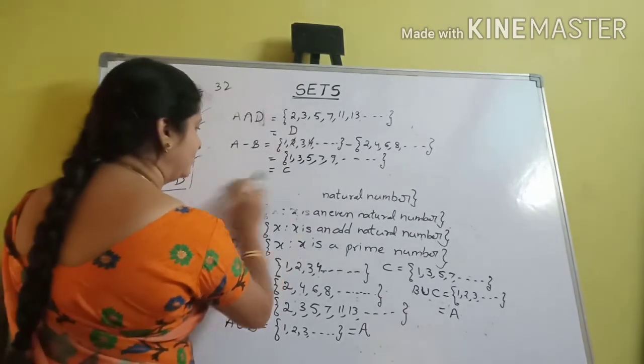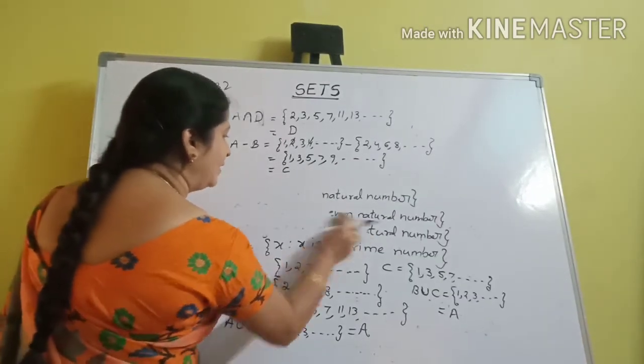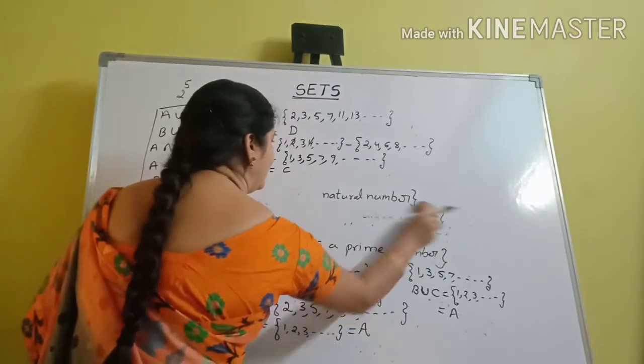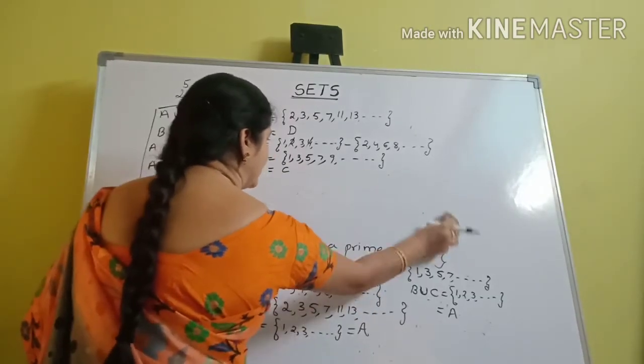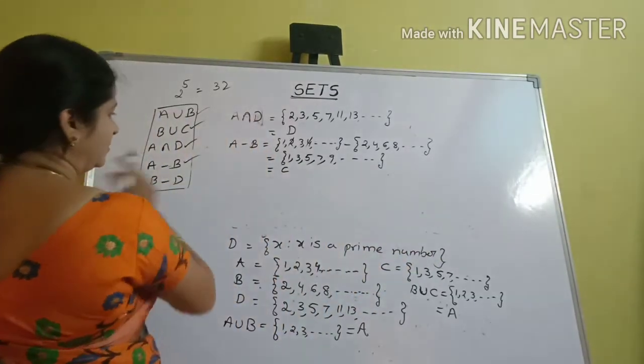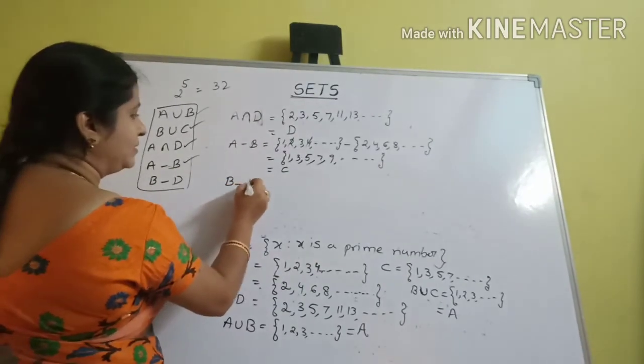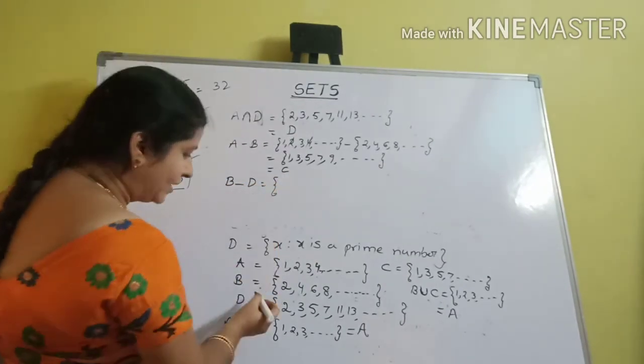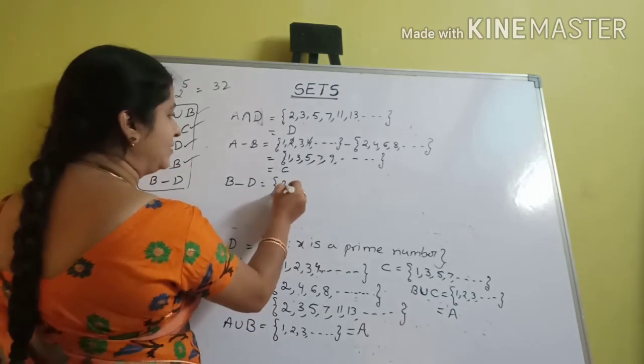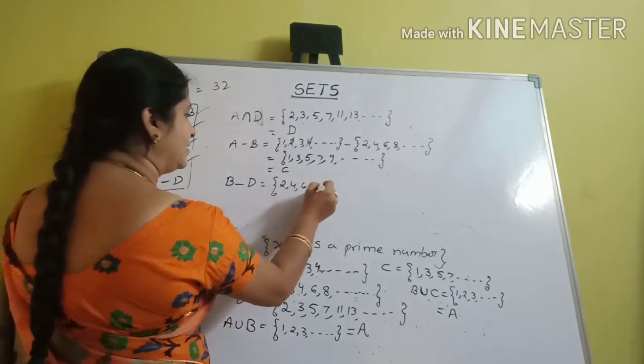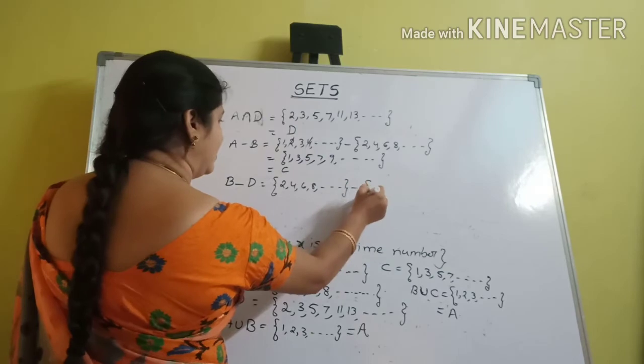Next one, B minus D. What is the given set B? What are the elements in set B? Even number set, minus prime numbers.